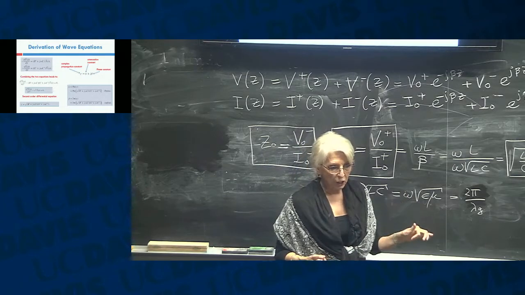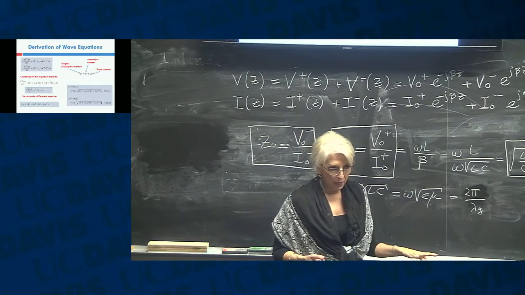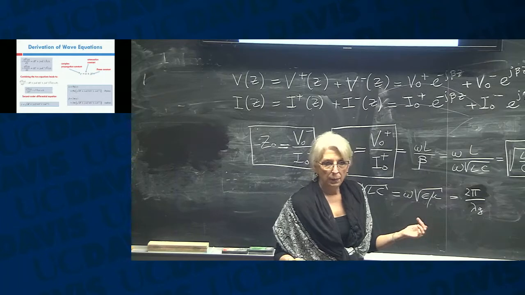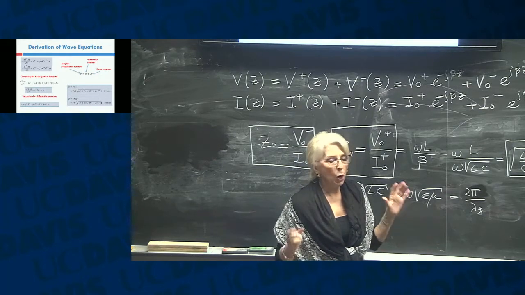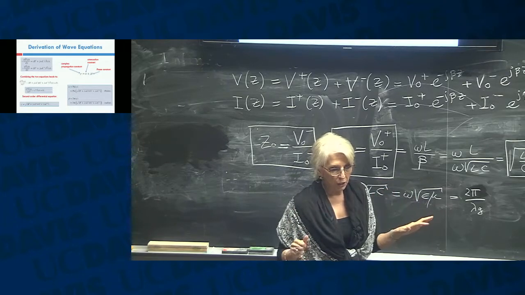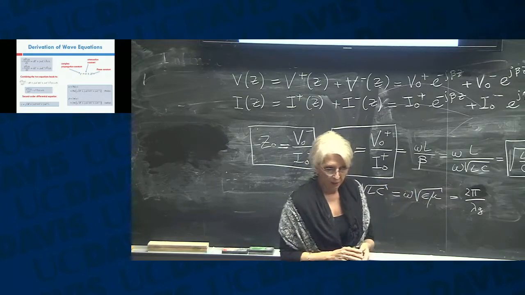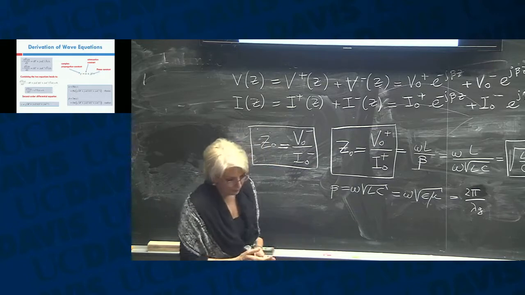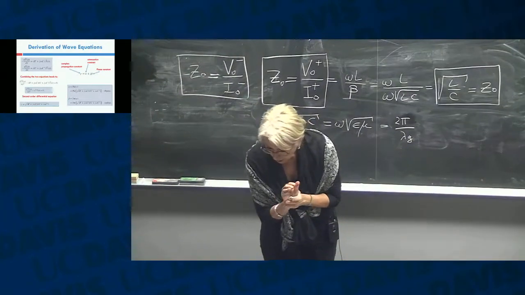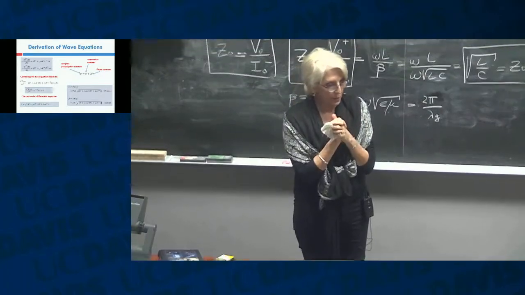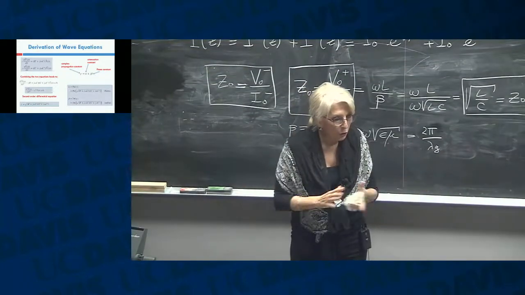Sometimes they call it phase constant, wave number, or complex propagation constant, or real propagation constant. Now, we can take a 5-minute break, and then we're going to start solving some problems. Now we have everything we need to solve problems, all right?